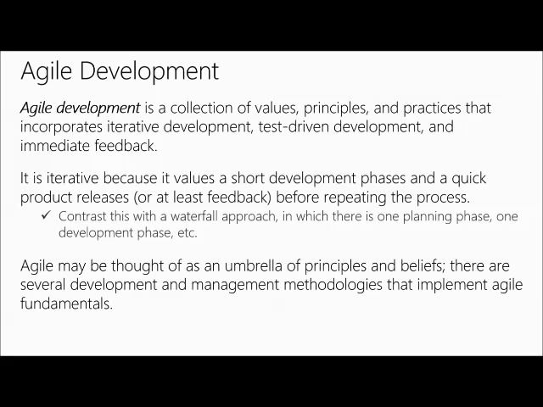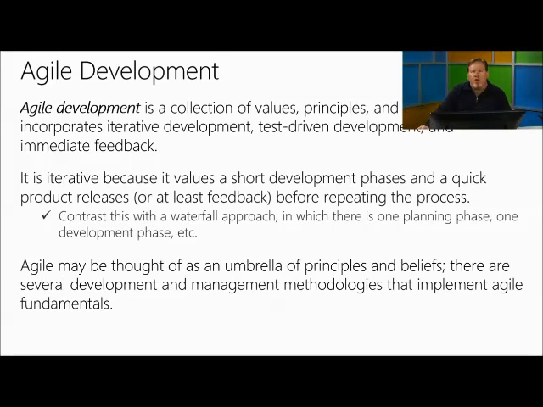So we've talked a lot about the Agile development methodology and the values and principles and practices that are associated with that. We also talked about how it's an iterative process. It has short development phases and quick product releases, all based upon the feedback and the test units to really evolve the product itself.